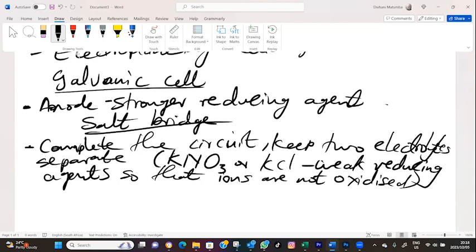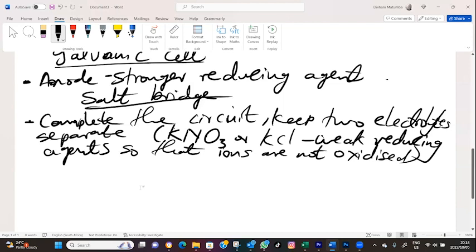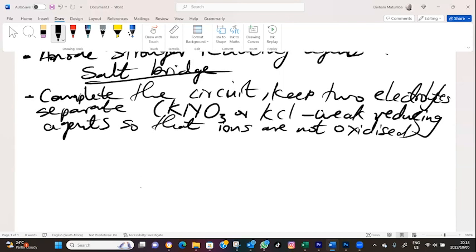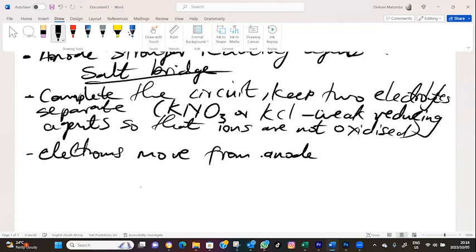Now, what we know about the current is that electrons, they move from anode to cathode. Okay.